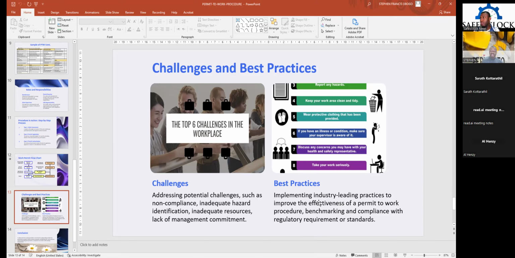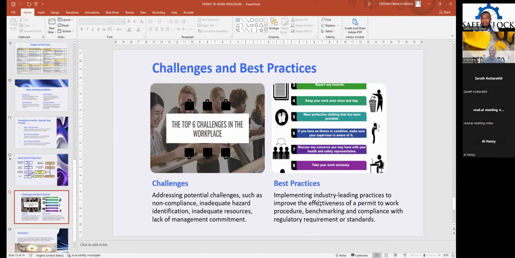It's not just the safety representative, safety officer, or manager alone. Sometimes the workers, as long as they have the knowledge, are the ones who spot most of the hidden hazards. That is why training is very, very important.